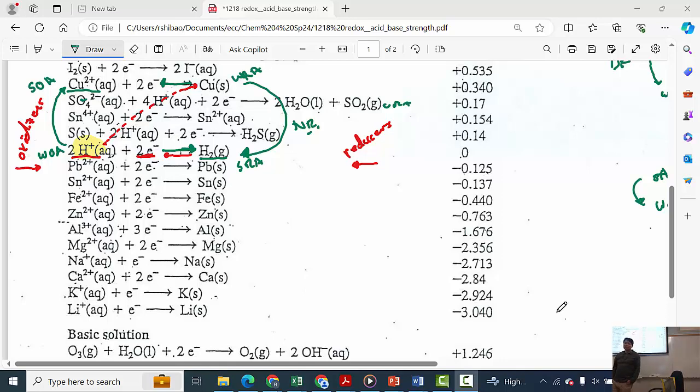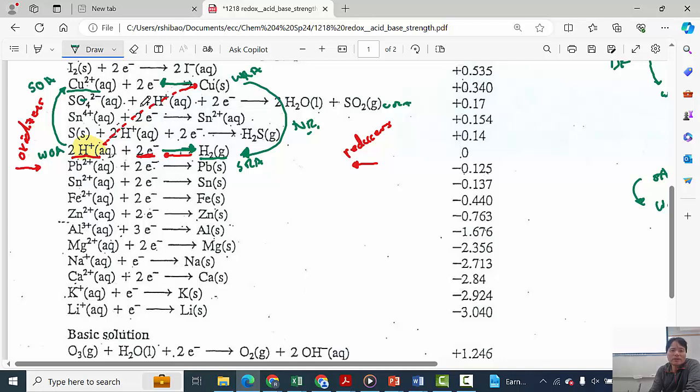When H plus reacts with lead, what do we form? So if H plus reacts with lead, we're going to form lead 2 and hydrogen gas.